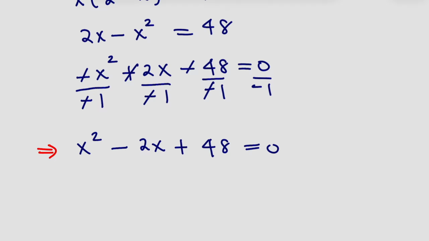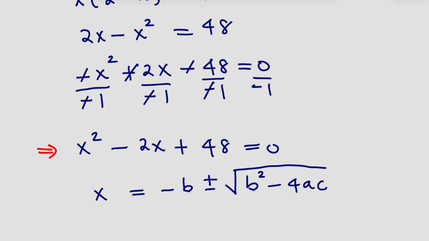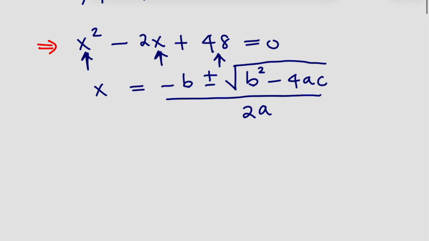And to solve for x, the quadratic formula says negative b plus or minus the square root of b squared minus 4ac, over 2a, where a is the coefficient of x squared, b is the coefficient of x, and c is the constant term.